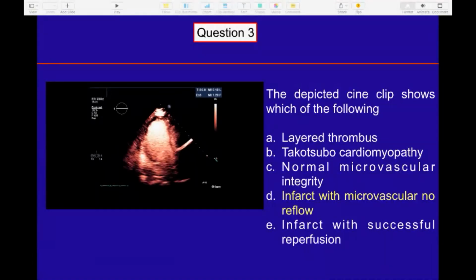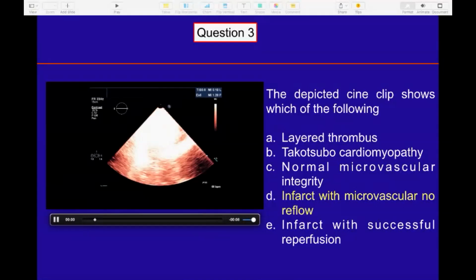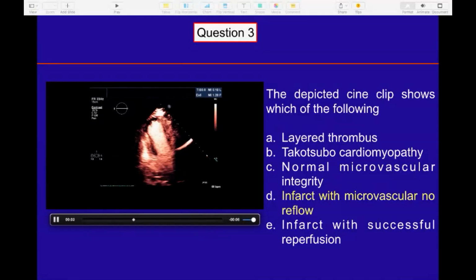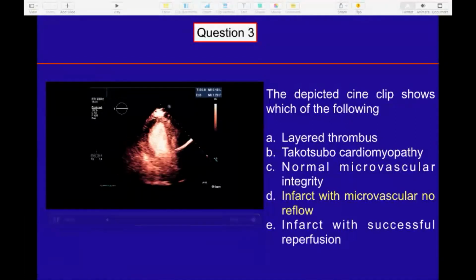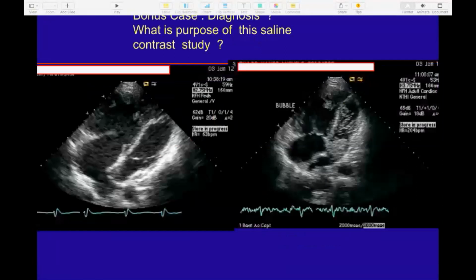There is a direct relationship between lack of ST segment resolution and lack of microbubble perfusion, because microbubbles can get into the myocardium with blood flow as low as 0.3 ml per minute per gram. So if you don't have even 0.3 ml per minute per gram flowing into your microvasculature, that is not a viable territory. So the correct answer here is infarct with microvascular no reflow.